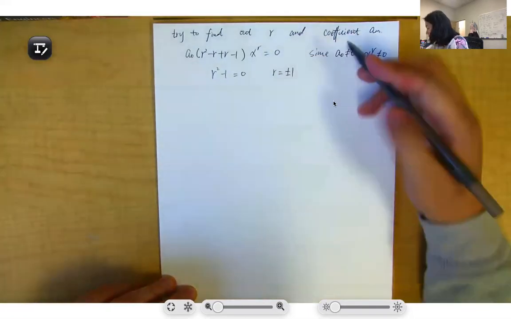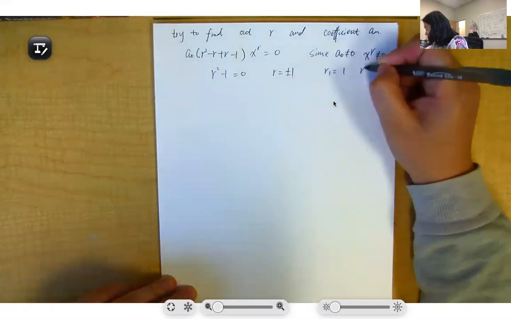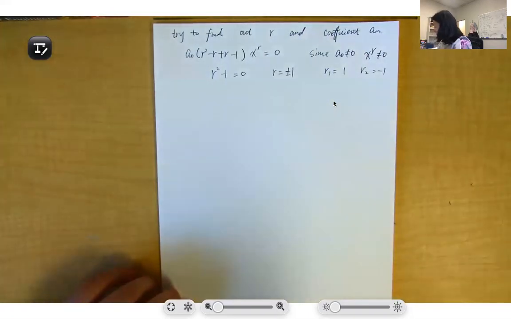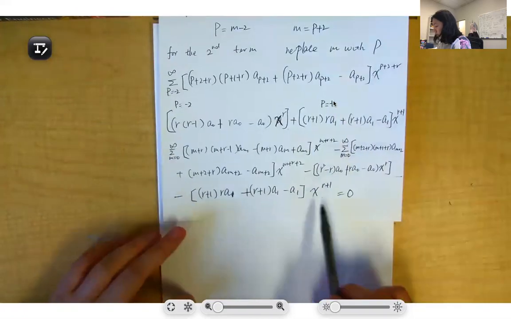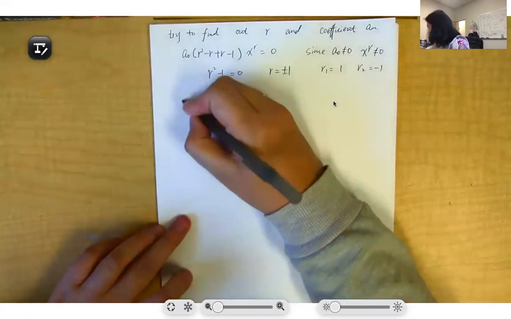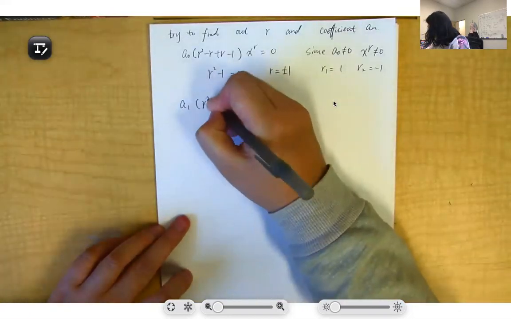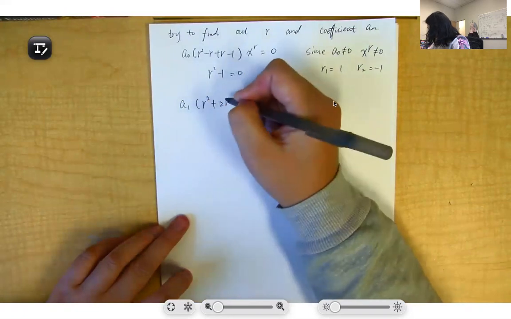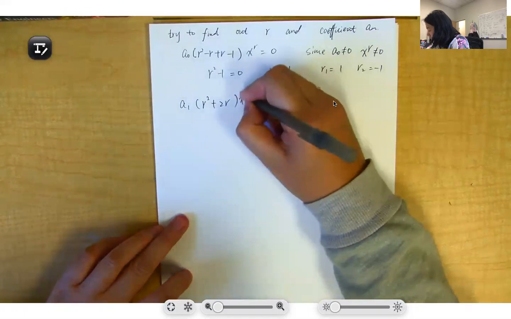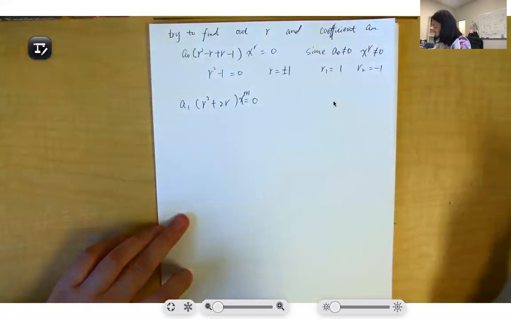So r1 equals 1, r2 equals minus 1. Then let's look at the other term. There is another term including x to the r plus 1. So that is a1 times r squared plus 2r, times x to the r plus 1, equals 0.